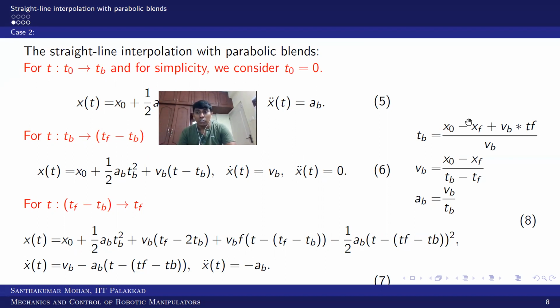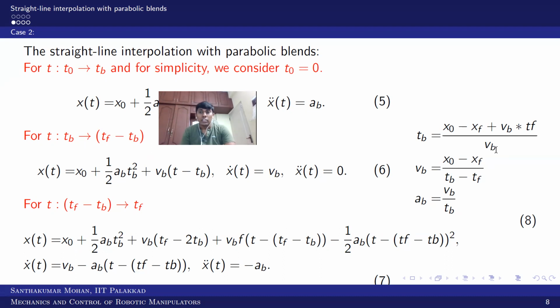Or the other way around: once you choose an AB, you can write VB as AB into TB, then put that into this equation, or this equation, both are the same, then you can find it, right?